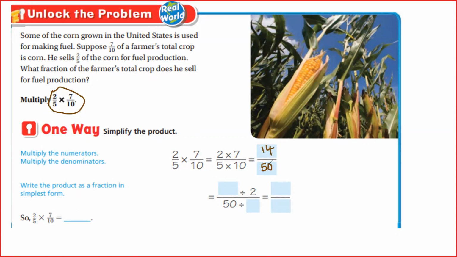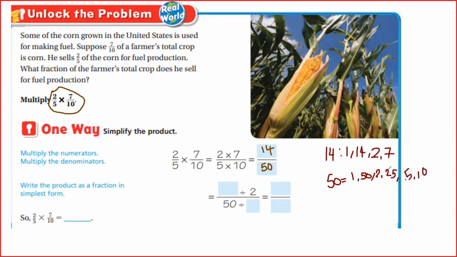Then next, you will find the greatest common factor for 14 and 50. You write them here now. For 14, they are 1 and 14, 2 and 7. For 50, we have 1 and 50, 2 and 25, 5 and 10.